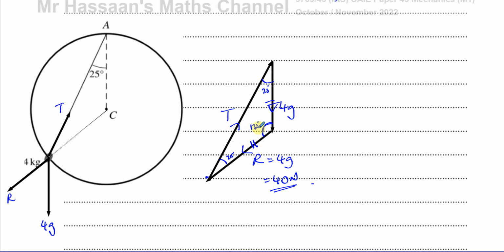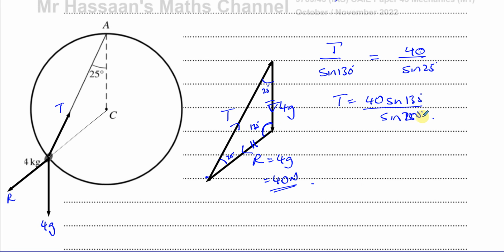So we can work out T using the sine rule, right? We can say T over sine 130 is equal to 4G, which is 40, over sine 25. Okay, so we can say T is equal to 40 times sine 130 over the sine of 25.